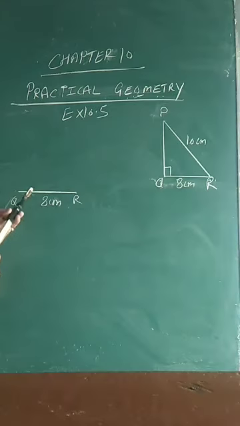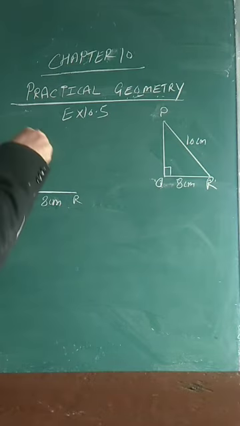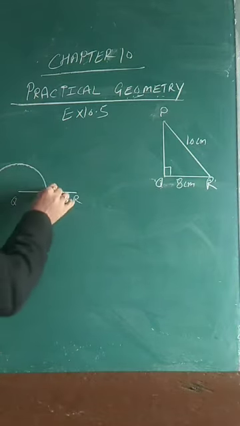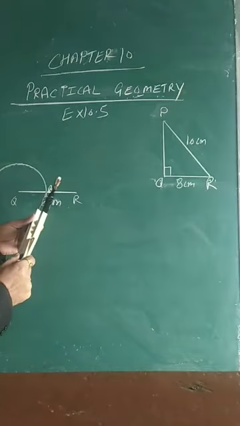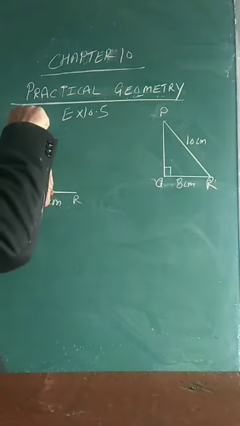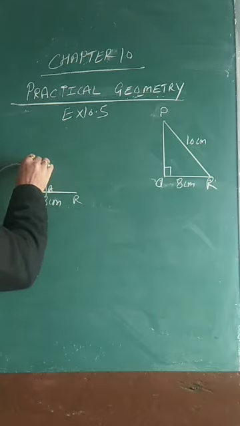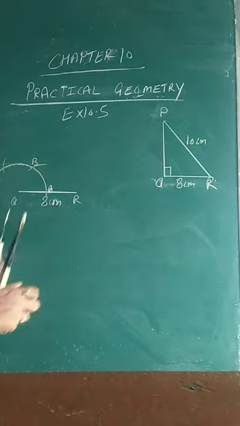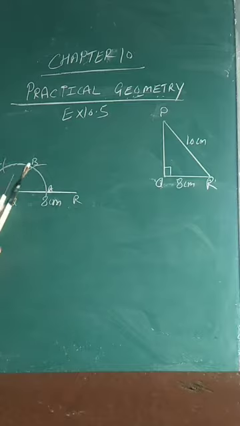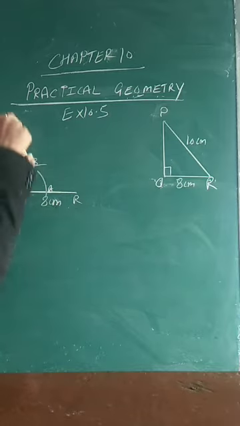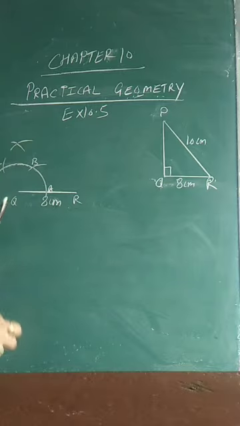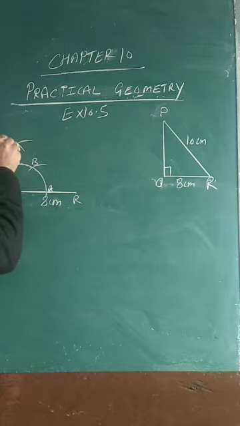Taking Q as a center, cut an arc of any radius, intersecting this line QR at, suppose, point A. Then taking A as a center, cut an arc with the same radius. This point of intersection is B. Then taking B as a center, cut an arc. This is point C. Now taking B and C as centers, again cut an arc with the same radius in the upward direction. This point of intersection is marked as D.